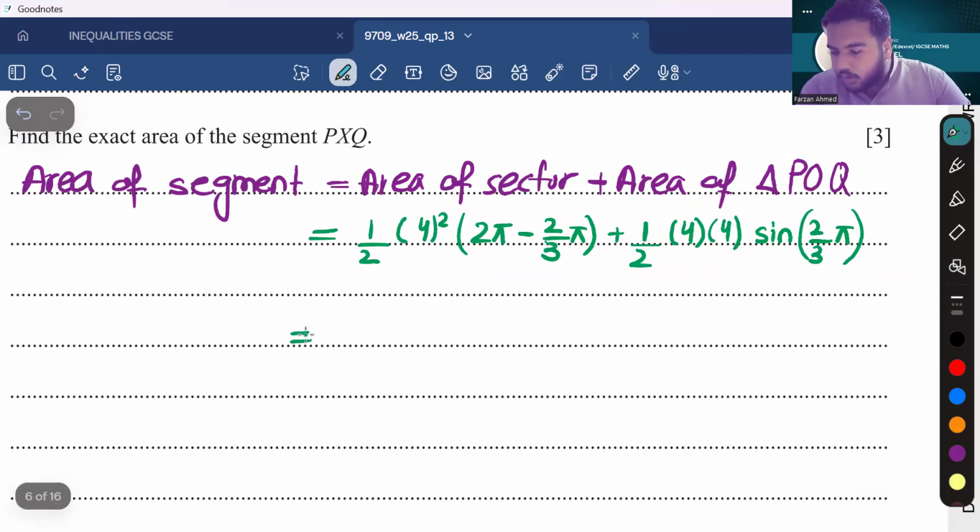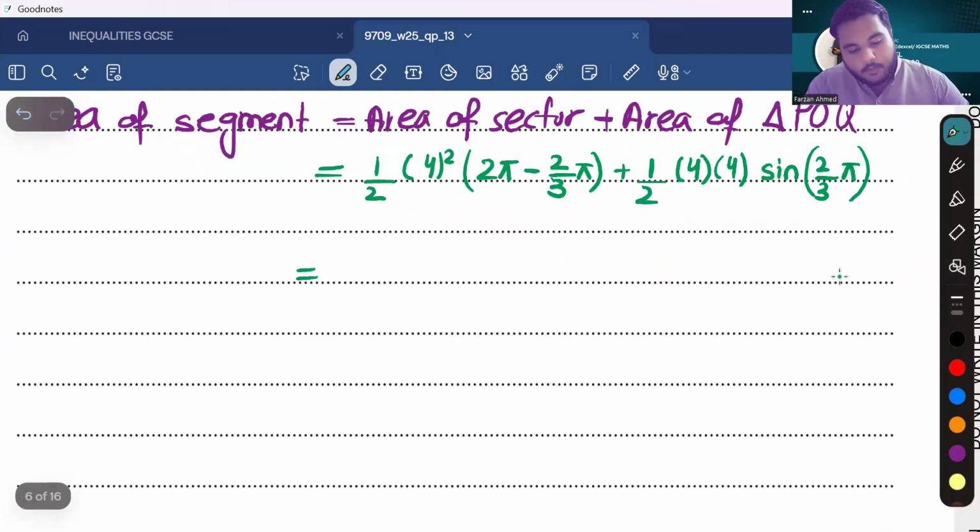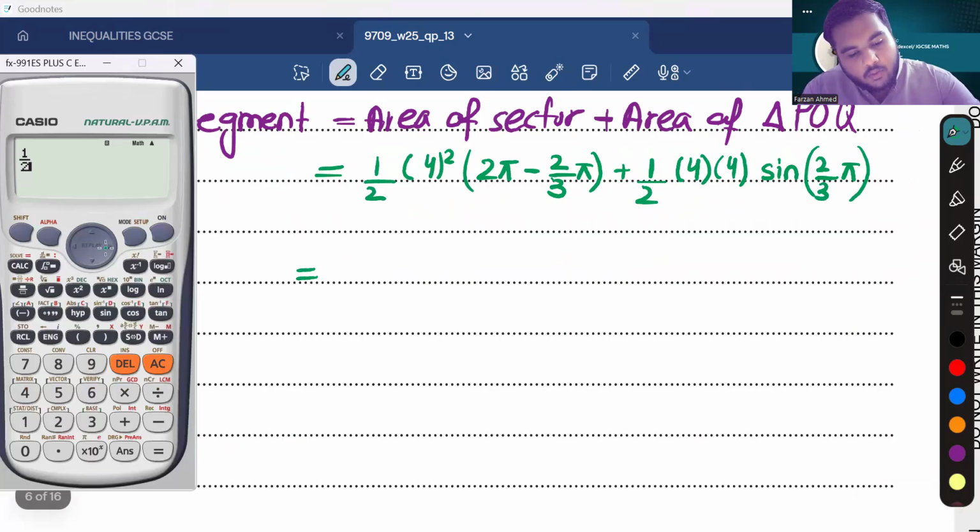So when we do 1 upon 2 whole bracket 4 whole square and bracket 2 pi minus 2 upon 3 pi, the answer will be 32 upon 3 pi.